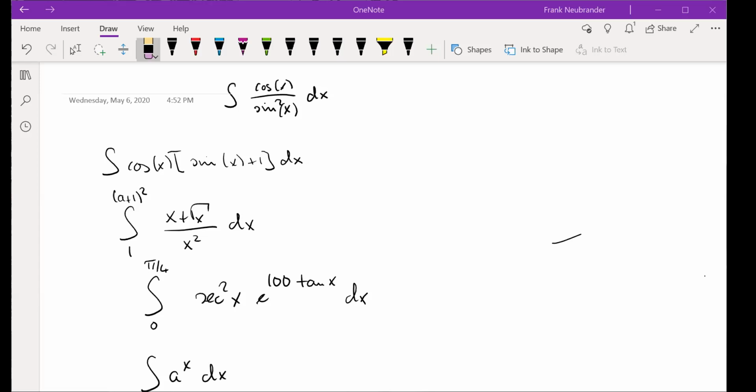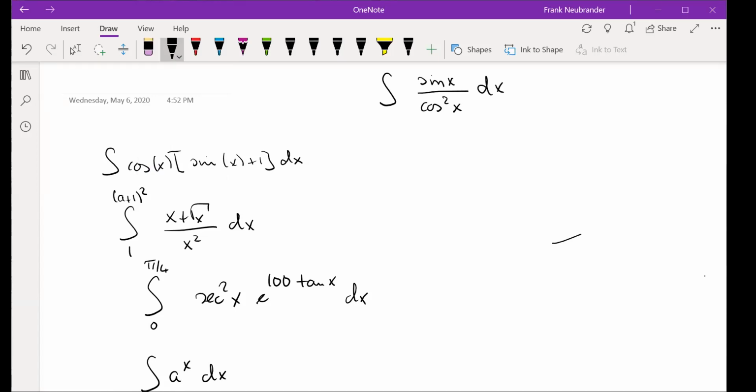Good. Okay, so let me start with the integrals. The first one, the integral of the sine of x divided by cosine squared of x, or cosine to the 3 of x, or the square root of x, or anything like that.